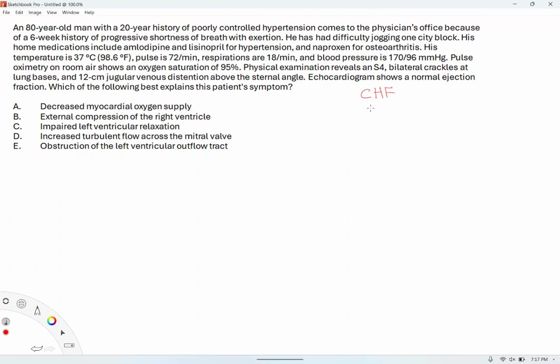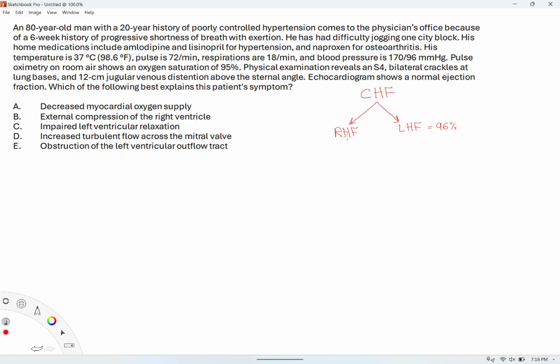So let's differentiate between the two, because I was going to give you symptoms of left heart failure only, which is the most common. So let's say right heart failure and left heart failure. That's important because, as I said, left heart failure is almost 96% of the time, very common.